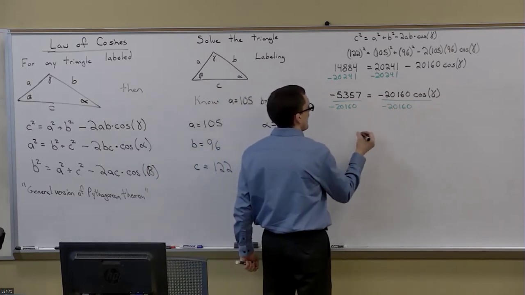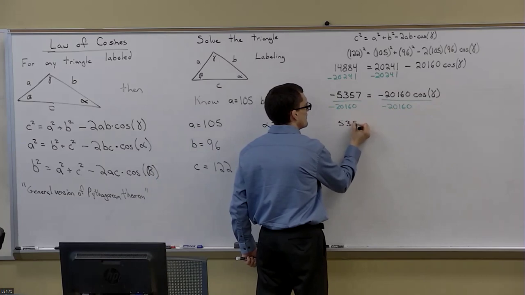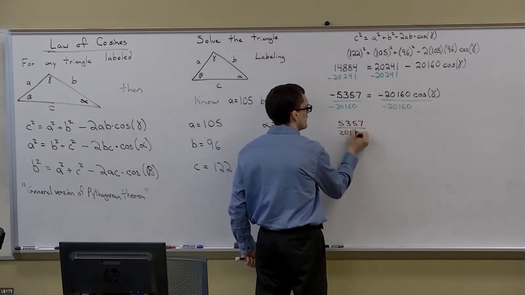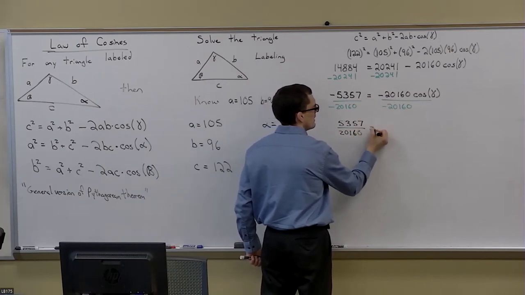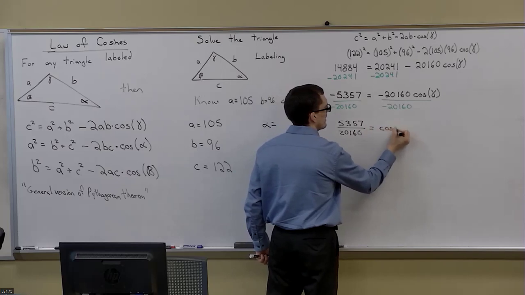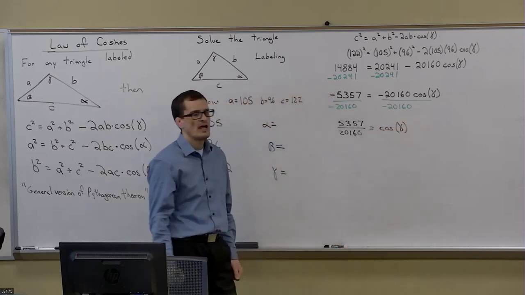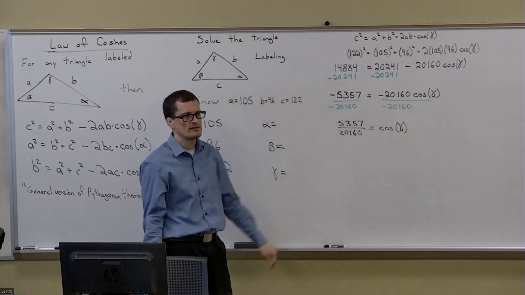And I'm just gonna write it this way. 5357 over 20,160 is equal to cosine gamma. And the way I find gamma is I just do the inverse cosine.